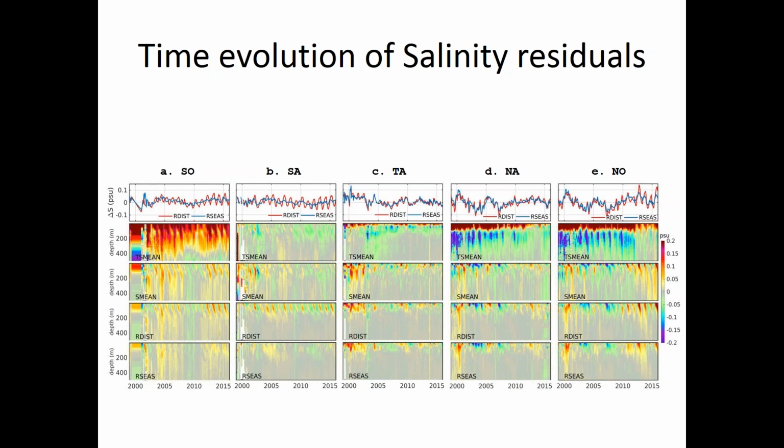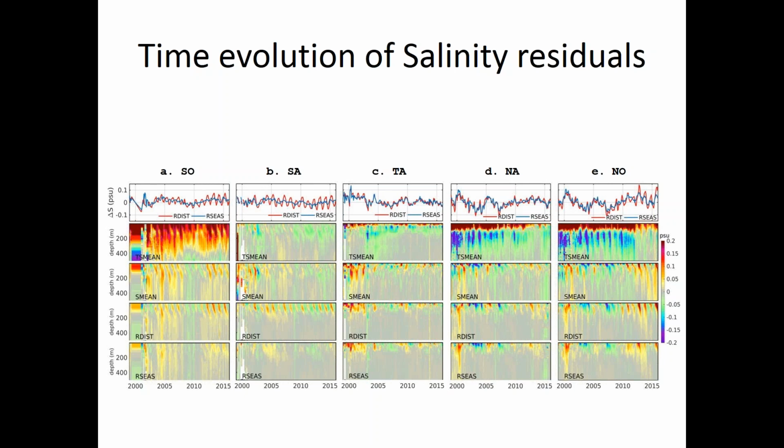So what we can see is that I'm not going into detail on the whole figure, a lot of panels here. I'll just point out that with the TS mean, the mean TS in the Southern Ocean, as we saw before, has a strong salinity bias. And the salinity bias is not seen in the other methods, the mean salinity and the regression methods.